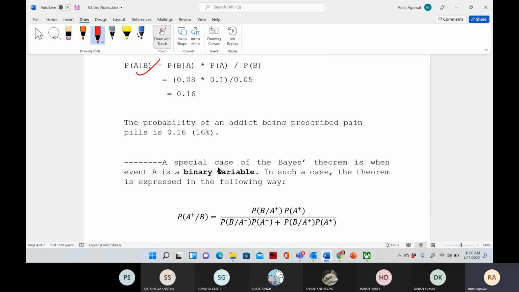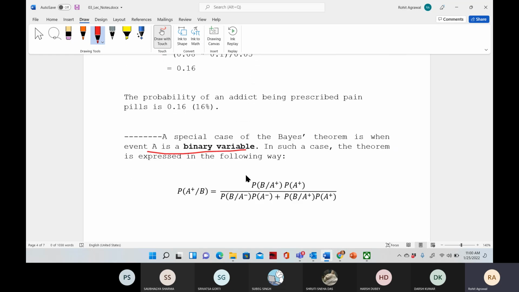ठीक है, a special case of Bayes theorem is when the event is binary. ठीक है, so in such case you can say, if I talk about A, A can have two cases. ठीक है, binary. In machine learning or data science terminology, we call it two class classification. ठीक है, either yes or no. So based on the probability we can say whether yes or no, or whether it is in the A class or the B class.